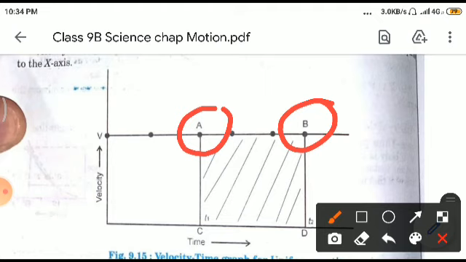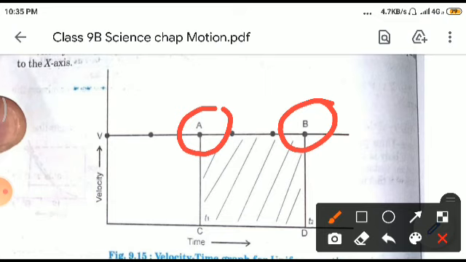That is, it might have accelerated or retarded its speed, because we all know the moment the direction or the speed changes, the velocity changes due to change in direction.